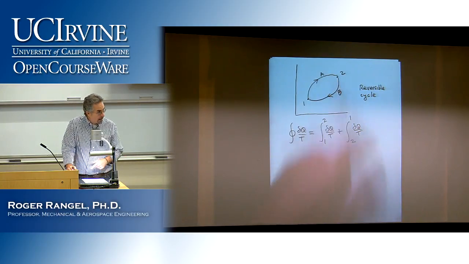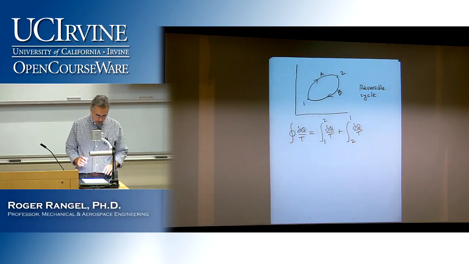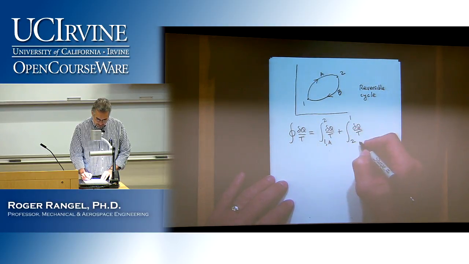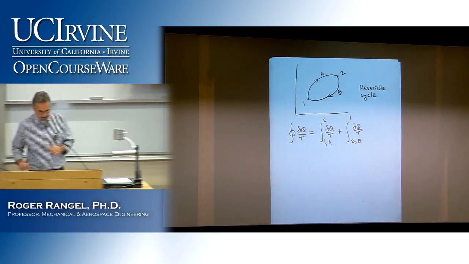I pick this path A going from 1 to 2, and I return on path B.